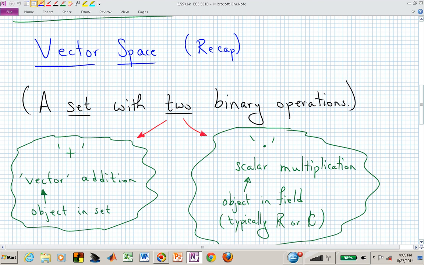Generally in this class, that field of scalars will be the set of real numbers or the set of complex numbers. As a way to maybe get you to watch the video, I did talk a little bit more specifically in the video about fields, as far as the properties of fields, which I didn't necessarily go through in the lecture portion of last Monday.